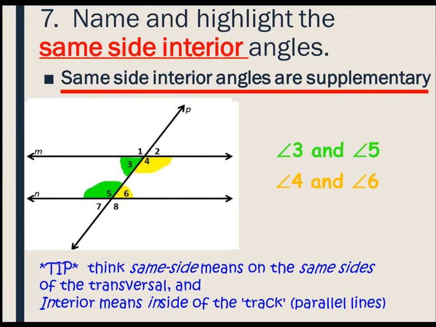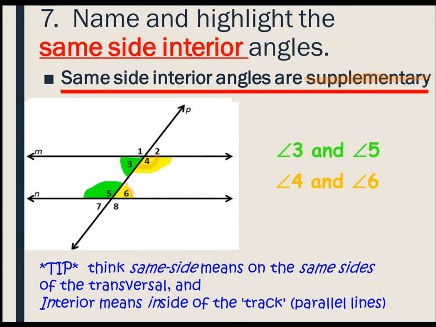All right, same side interior. So same side means that they're either both going to be on the right or they're both going to be on the left. And they are supplementary, which means that they add up to 180 degrees. So angle 4 and 6 are same side interior. And you can tell that these aren't the same measurement. If I look at 4, I can tell that's an obtuse angle.